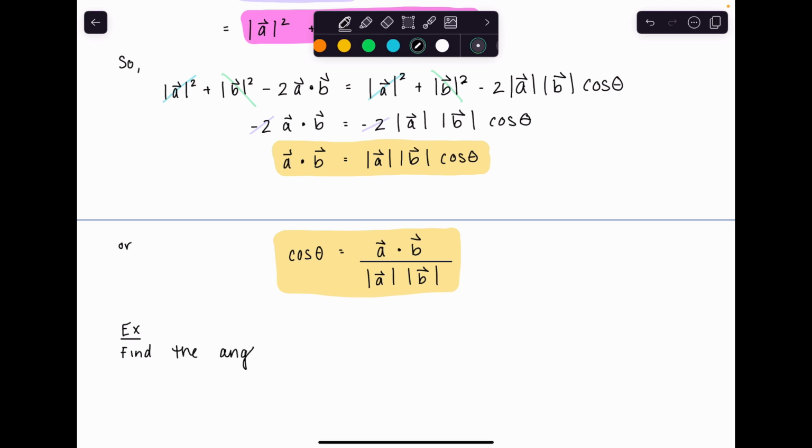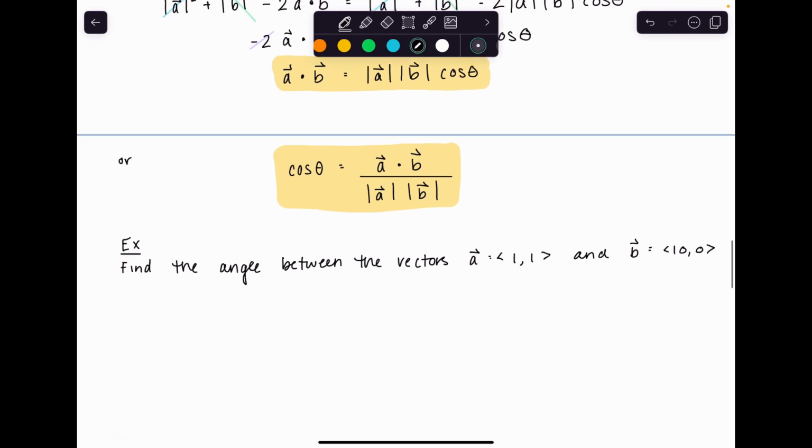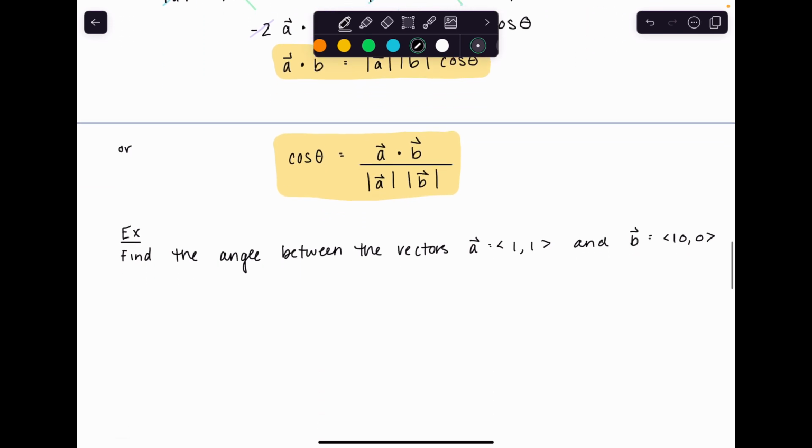So we're going to find the angle between the vectors A and B, where vector A has the components 1, 1, and the vector B is 10, 0. So I've got to find a couple things before I can figure out what the angle is.